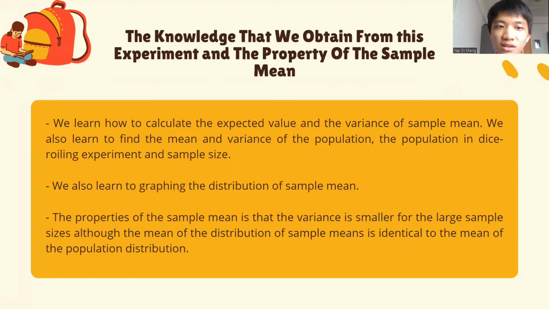Besides that, we learned to graph the distribution of the sample mean. The property of the sample mean is that the variance is smaller for a larger sample size, although the mean of the distribution of sample means is identical to the mean of the population distribution.